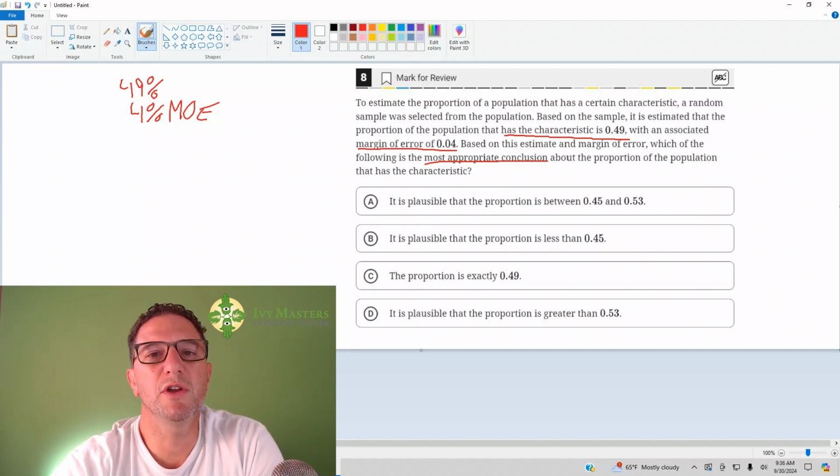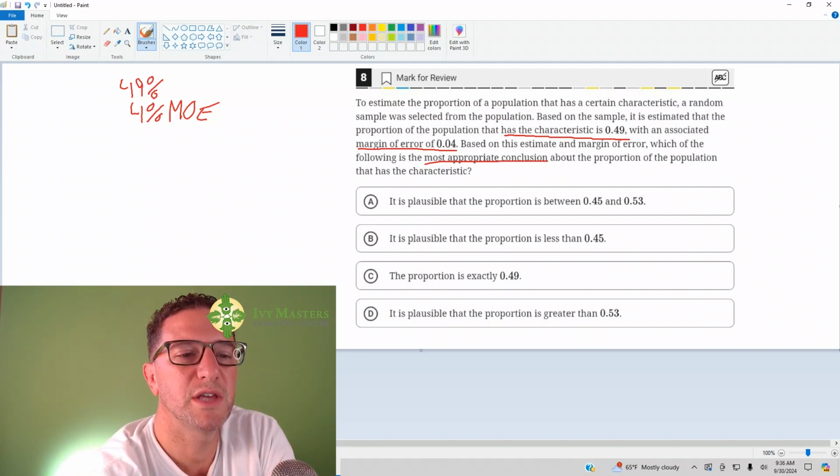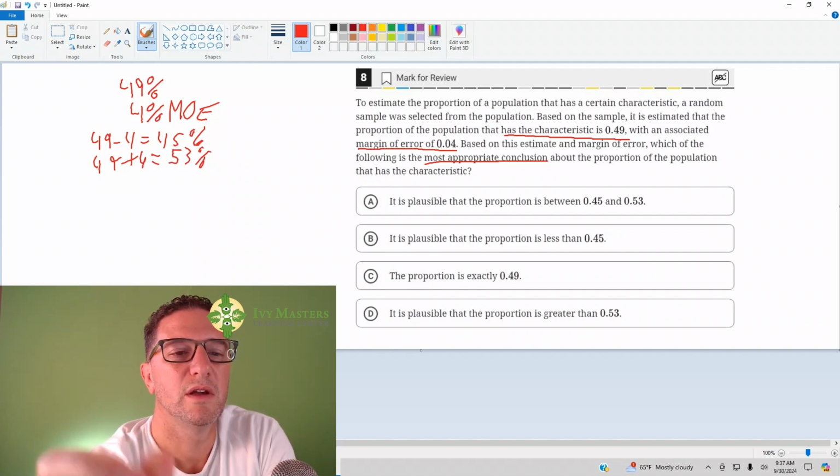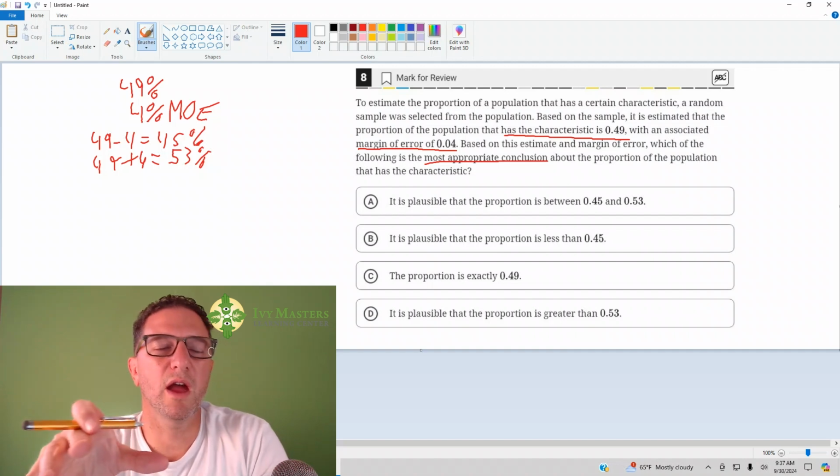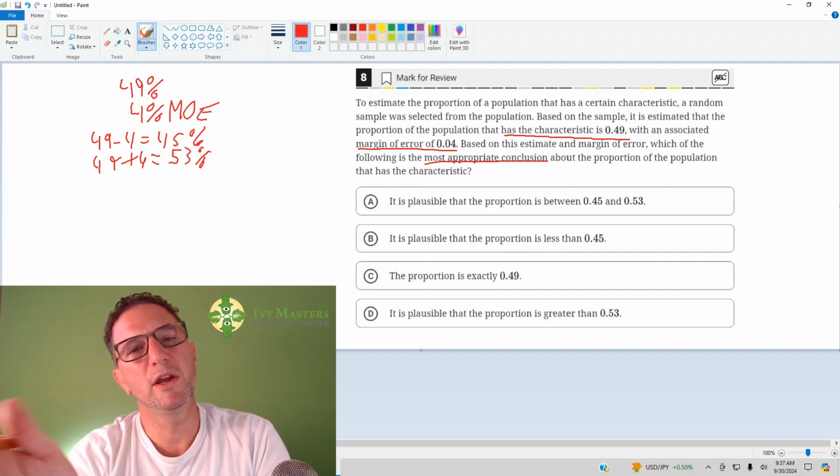If your margin of error is 4%, that means 49 minus 4, which is going to be 45%. And then we've got 49 plus 4, which is going to be 53%. So when they say margin of error, they're saying, according to our calculation, it's 49%, but we could be wrong.